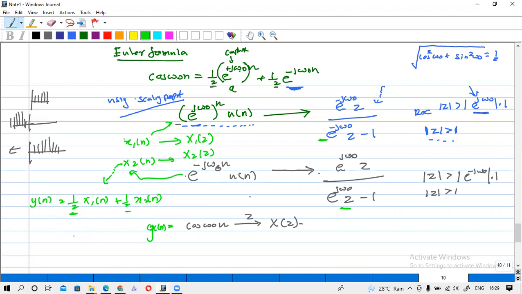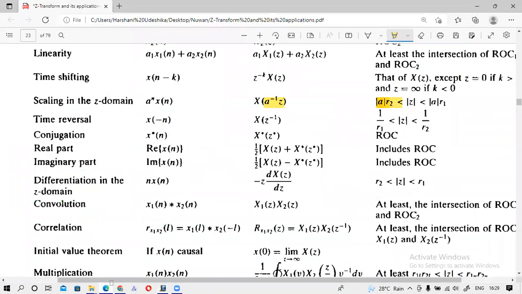So for the Z transform, Y(z) will be half X1(z) plus half X2(z). Actually, this is the linearity property.